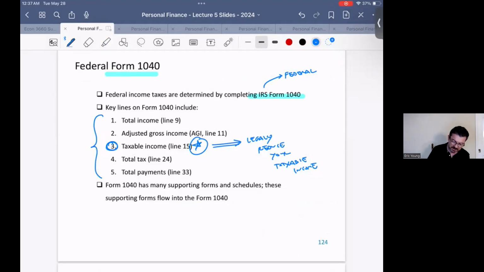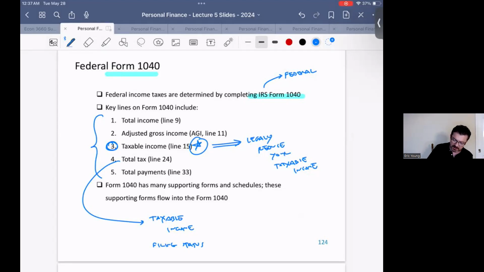Your total tax, we should point out, is a function of your taxable income and your filing status. So the goal is you legally reduce your taxable income, which then legally reduces your tax burden. That's line 4, total tax.